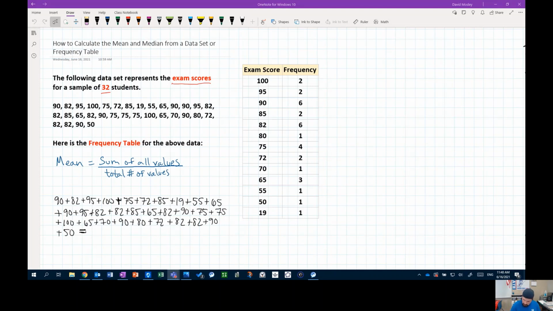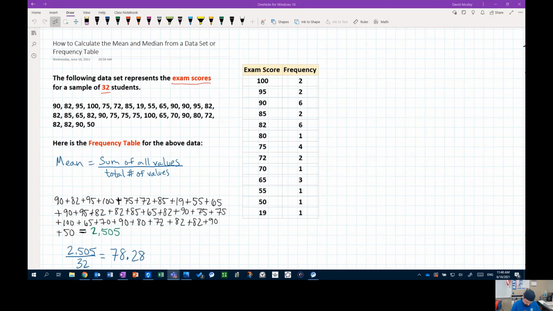And we get a grand total of 2,505. Then we'll take that and divide it by 32, and we get 78.28.